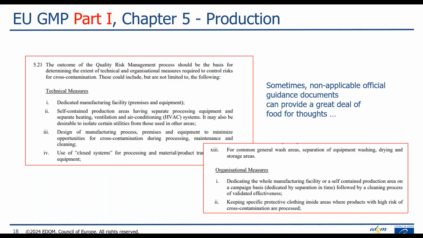And here you can see technical and organizational measures for exactly what I was just talking about, for instance, having new products on site. Nobody needs to make reference to such a document, but the ideas laid down in other guidance documents can of course be used by firms to mitigate risks they may face on their own production facilities.